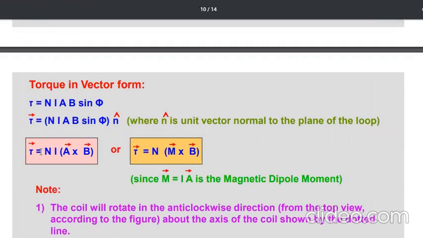So taking the scalar quantity outside, n into I, where n is the number of turns and I is the current, this is the scalar quantity. And the area vector inside the bracket, so area vector into B. And now if you take this scalar quantity inside, then area vector into NI is again a vector.